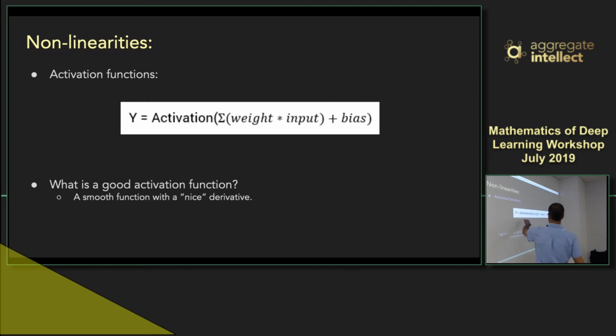Now the question is, what kind of function can we pick as an activation function? We need the function to have nice properties when we take the derivatives. And why do we take derivatives? Who has done machine learning here? You know how we find a solution to any problem.